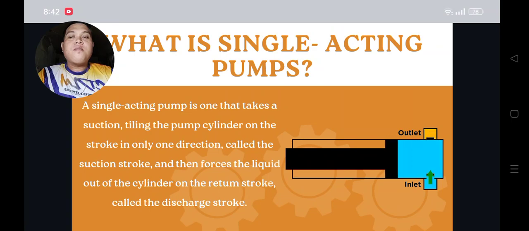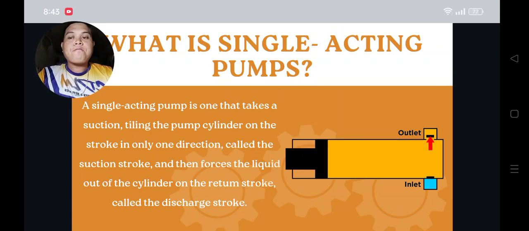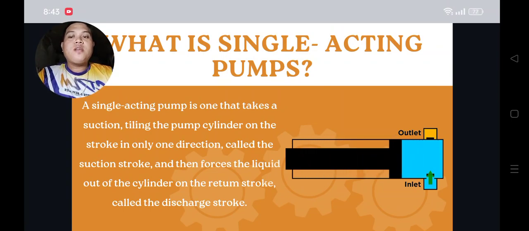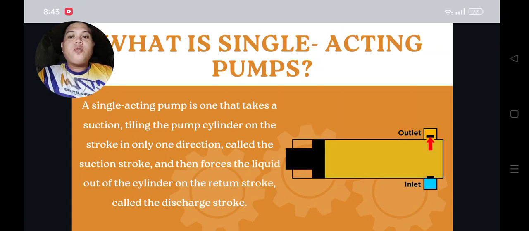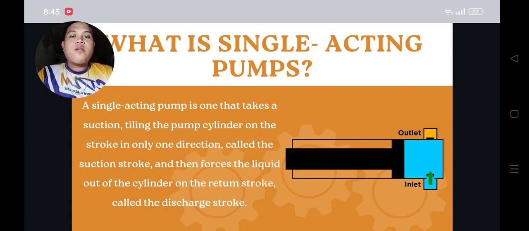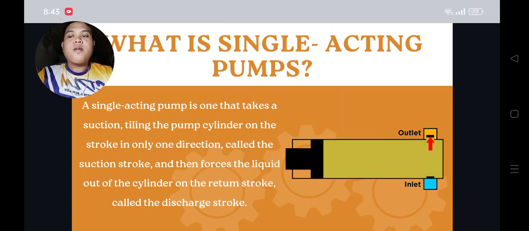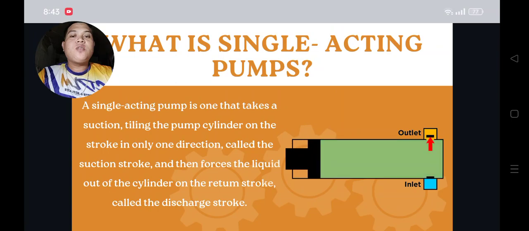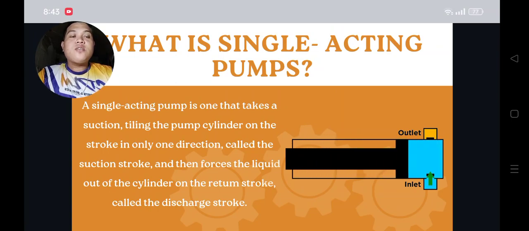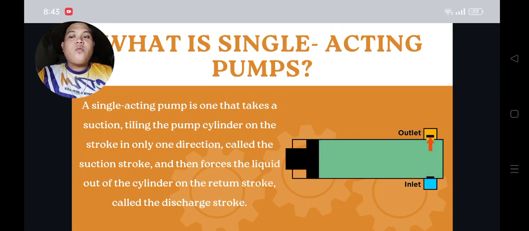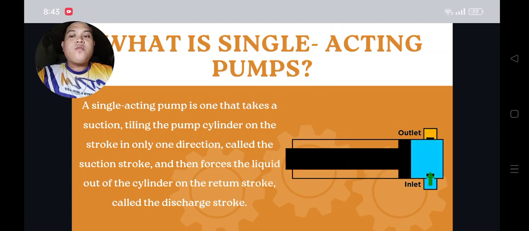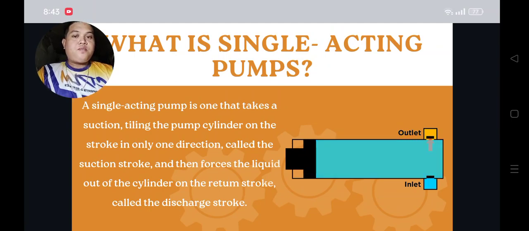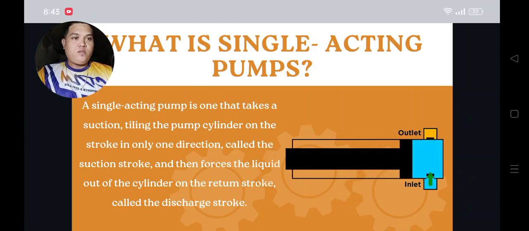If the pump piston is moving in a pulling direction, the liquid is pulled into the cylinder, and the process is called the suction stroke. While the discharge stroke, from the word discharge, means going out of the cylinder.